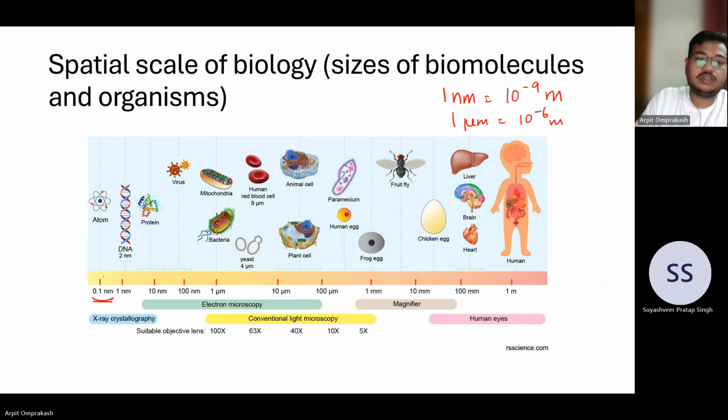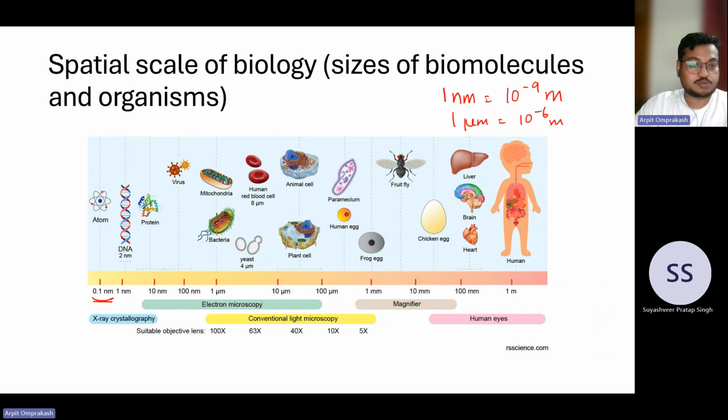So here we can see the sizes of different things that we often see around in biology or talk about in biology. Starting from an atom, which is like 0.1 nanometers, we have the DNA molecule, which has a width of around 2 nanometers.